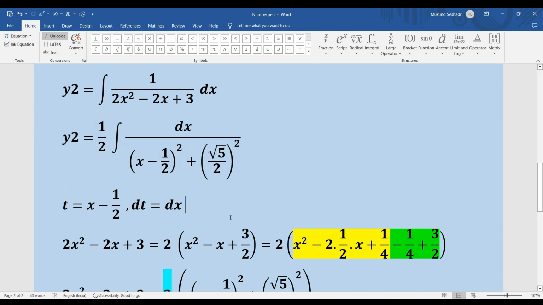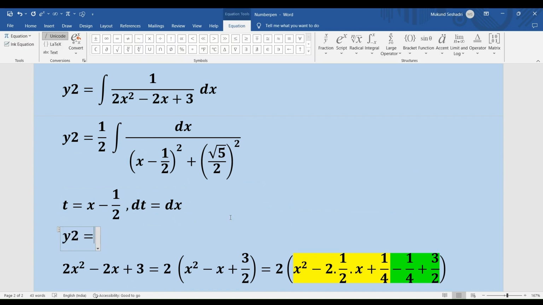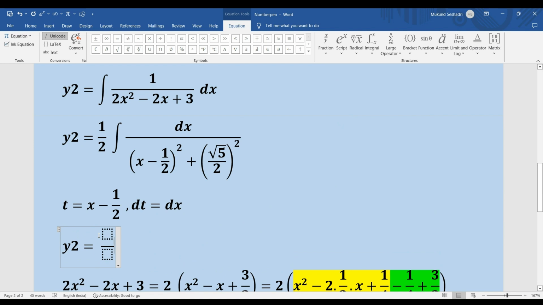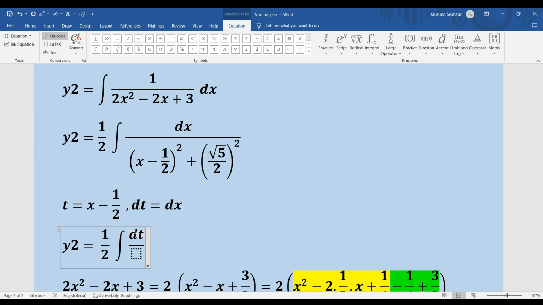And then I go back to my y2. I try and put back everything in terms of t, right? So I get a half times your dx is dt and your x minus half is t.